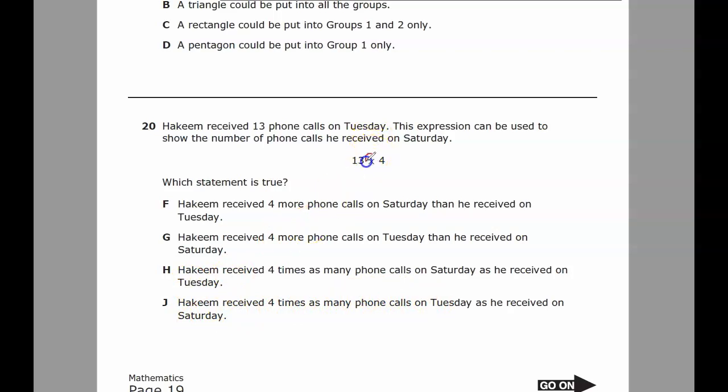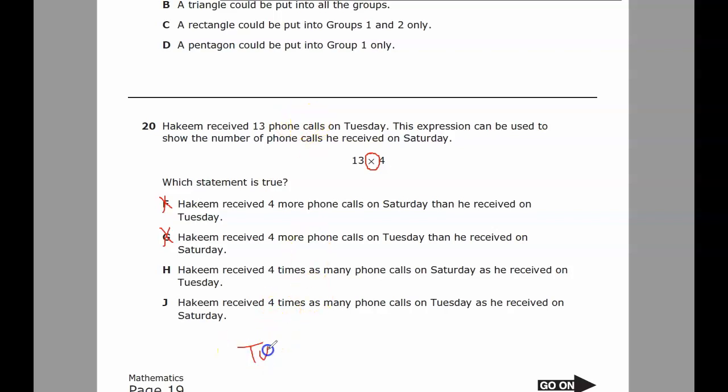So we have a multiplication symbol here. So I know I'm not doing 4 more because that's adding, right? I'm looking for 4 times as many. So we can get rid of F because that's adding 4, and we can get rid of G because that's adding 4. Okay? So Hakeem received 13 phone calls on Tuesday.